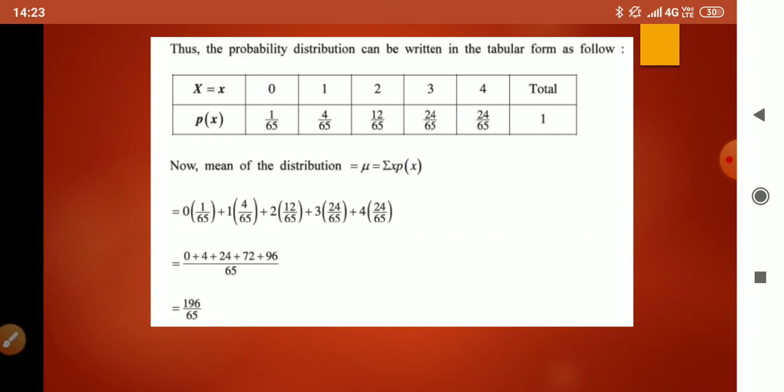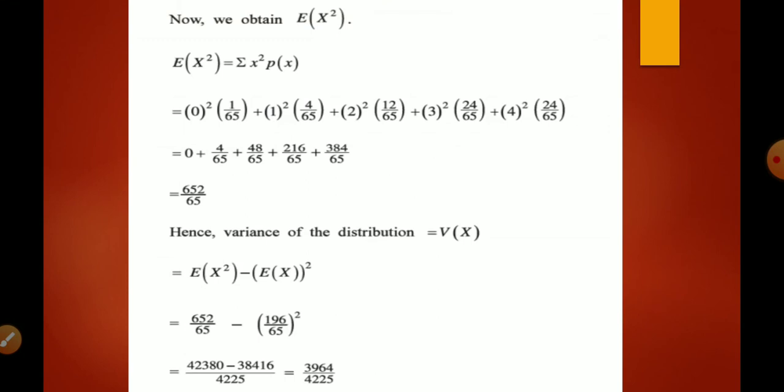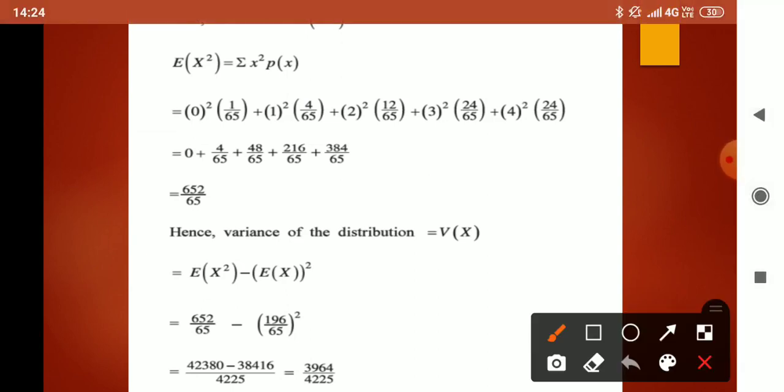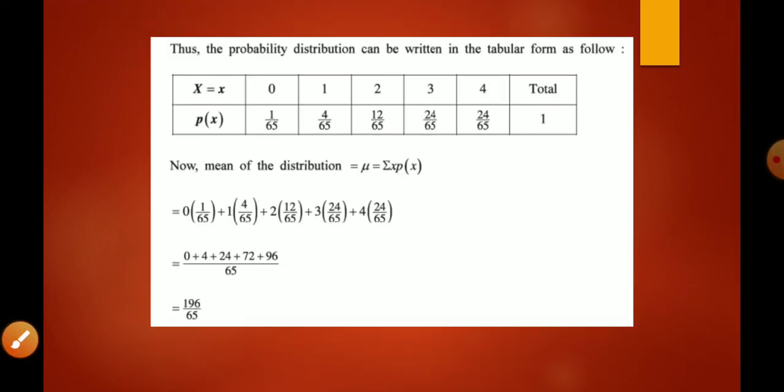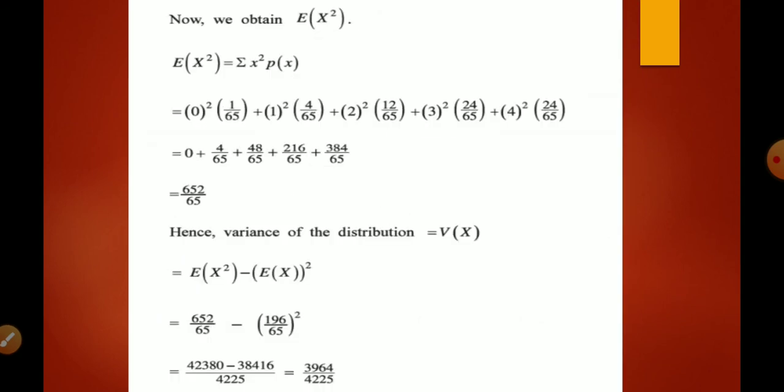Next, find the variance. What is the formula to find the variance? Sigma x square minus sigma x the whole square. We already have sigma x Px. What I have to find is sigma x square.